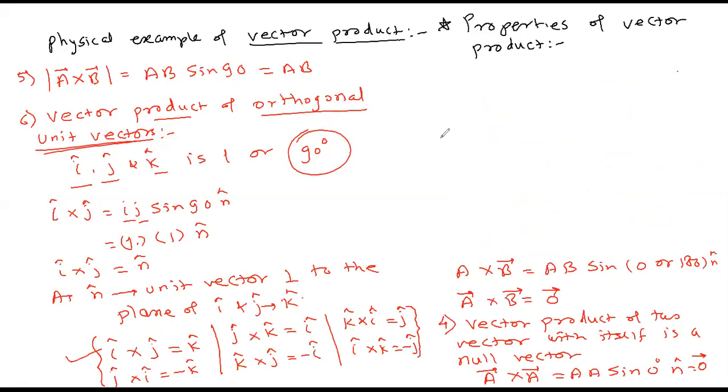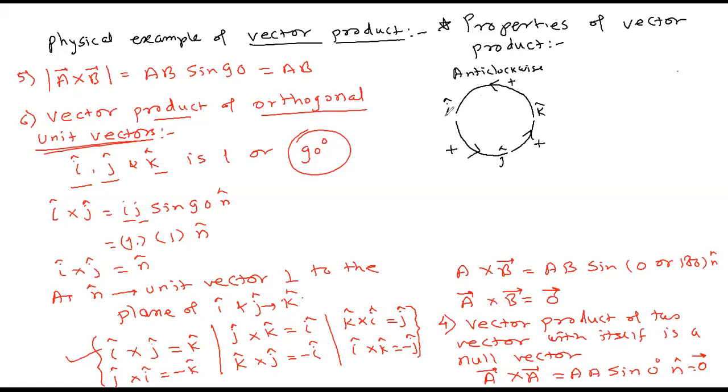If I take a circle like this, with i cap here, j cap here, and k cap here, then if I go in this anti-clockwise direction, always use the plus sign.